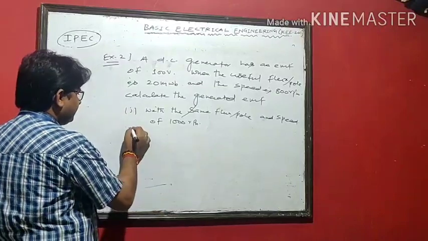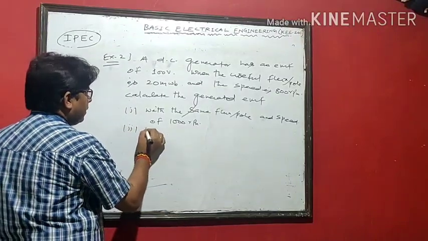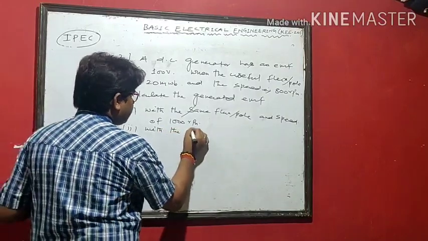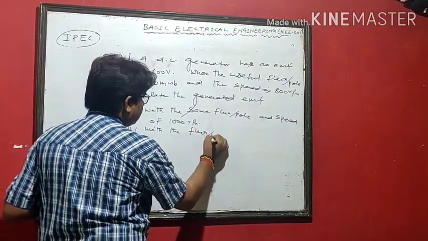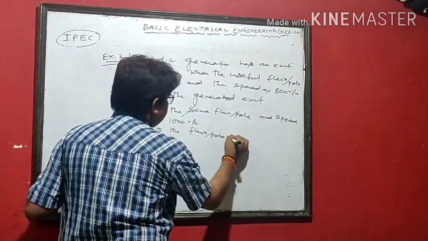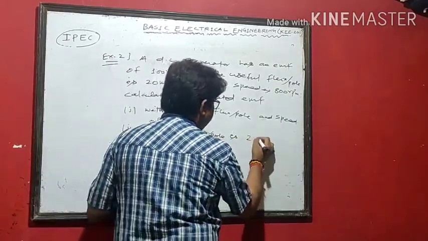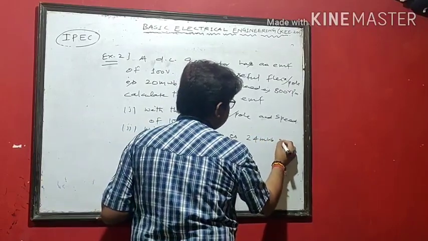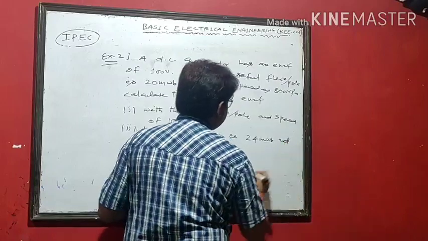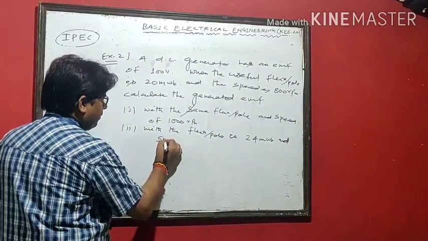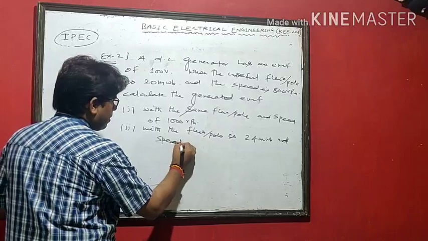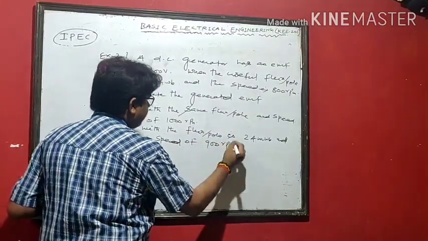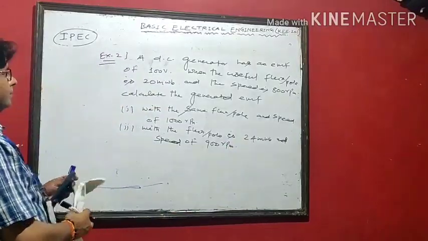Second part: with the flux per pole of 24 milliweber and a speed of 900 rpm. Okay.